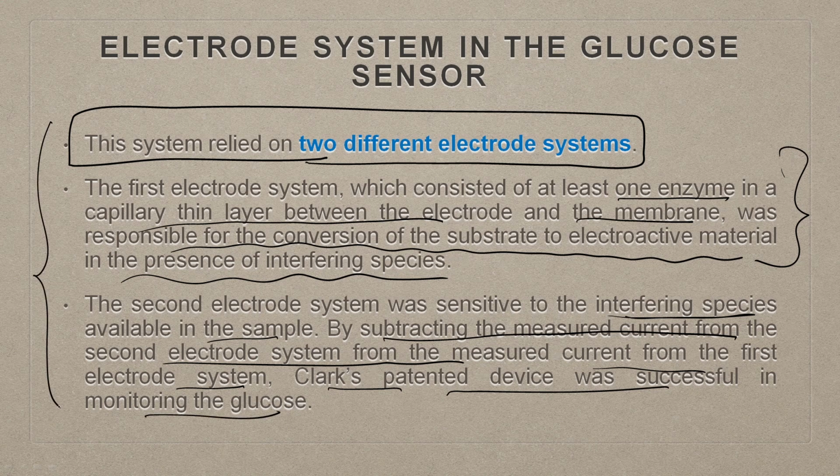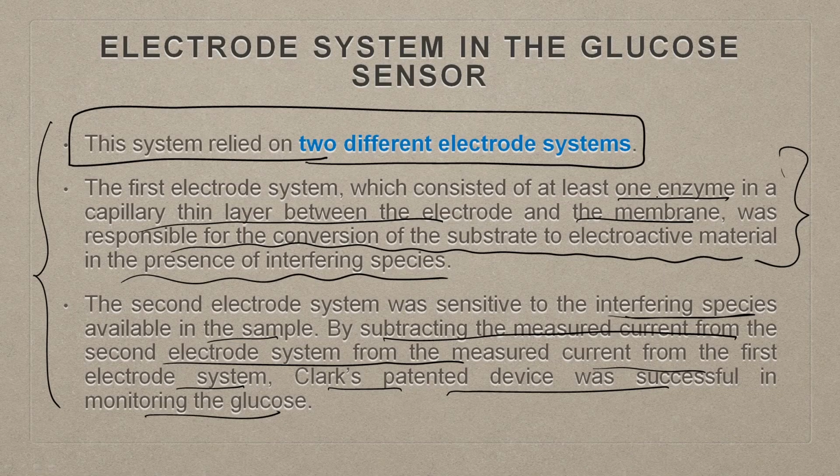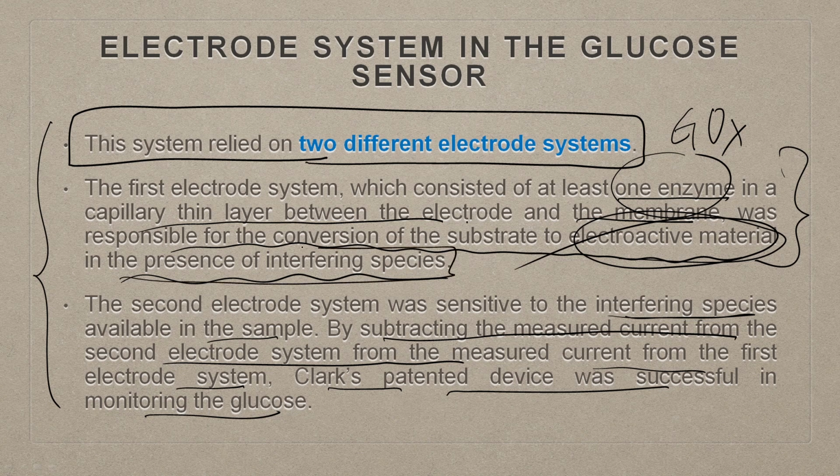So, you realize that there are two different kinds of electrode systems which are operating to make the Clark's electrode functional. The first electrode system, which consists of at least one enzyme, in this case glucose oxidase, in a capillary thin layer between the electrode and the membrane, was responsible for the conversion of the substrate to electroactive material, in the presence of interfering species.